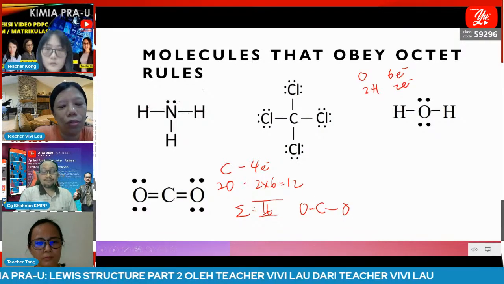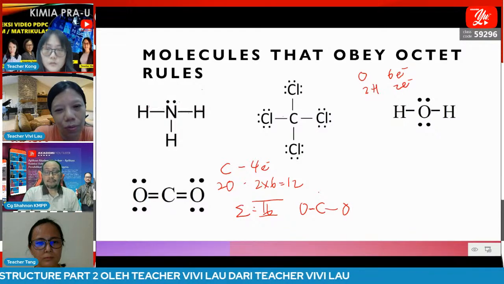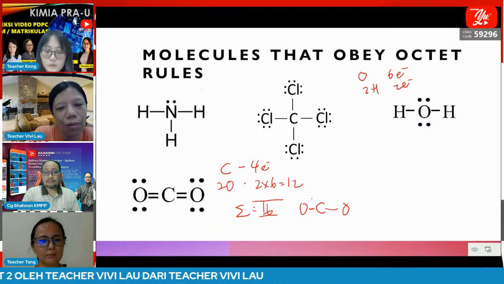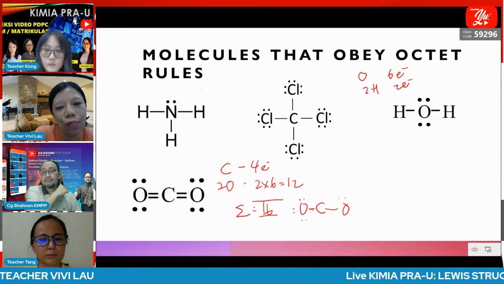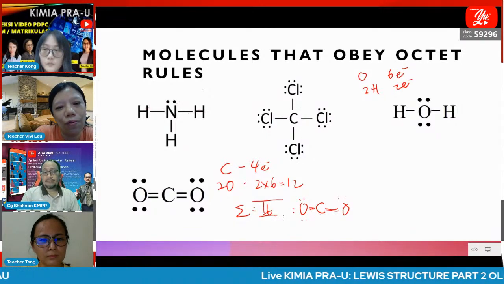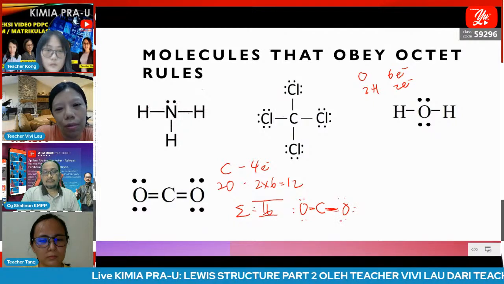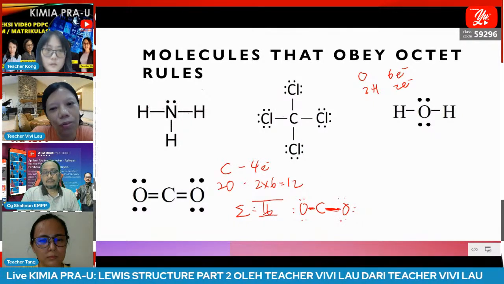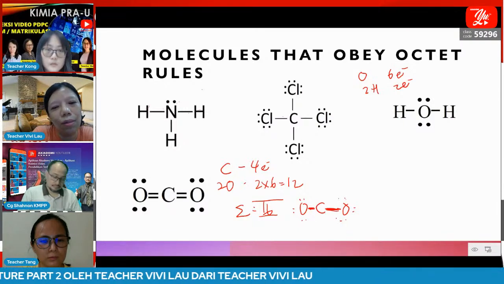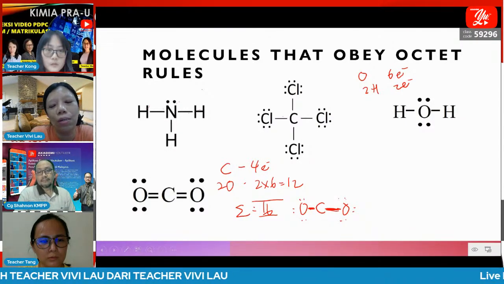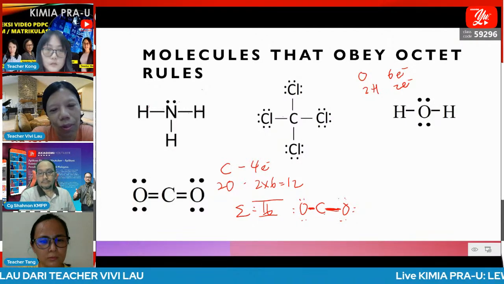Then you distribute the valence electrons. So just now 4 electrons went to the covalent bonds, right? 16 minus 4 is 12. One oxygen has 6 valence electrons, 6 times 2, so 12. So you use up all.